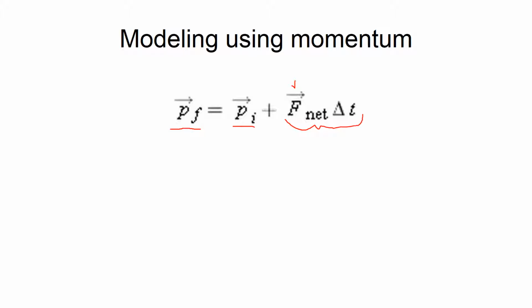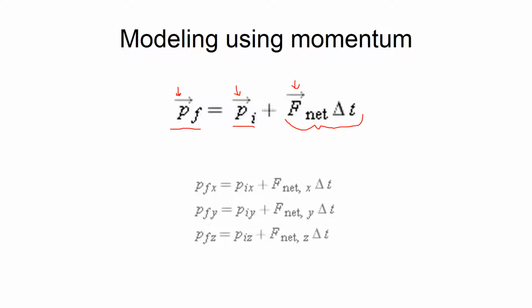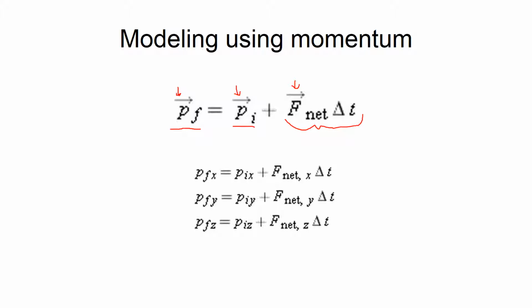Notice these are all vectors, and the directionality of these vectors is very important in considering changes and in predicting future locations and other future speeds. The other thing to note is that since these are vectors, we can and should treat each of the individual momentum components in terms of each of the individual force components.